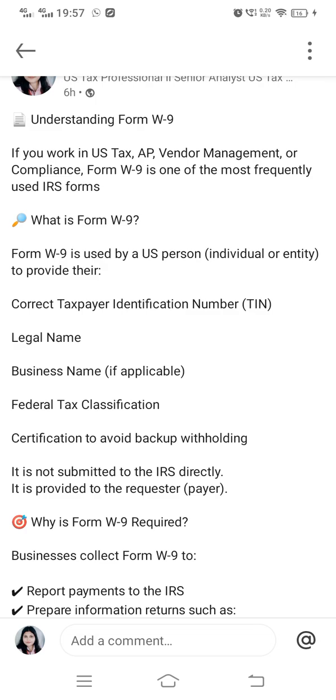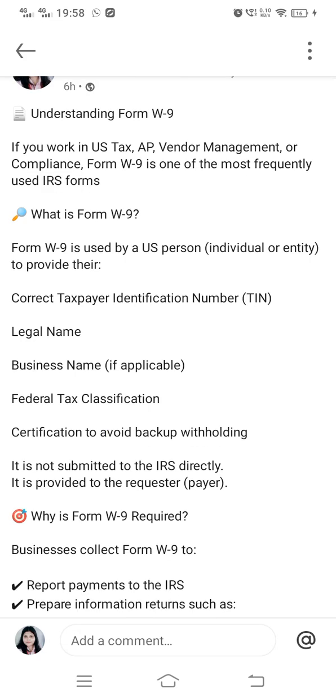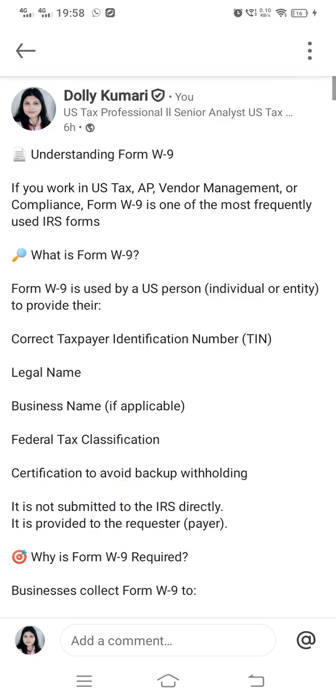This is to avoid backup withholding, and the backup withholding amount is 24%. If you submit this form W-9, the withholding will not be made. The taxpayer will save their finances by being compliant with the W-9 form.